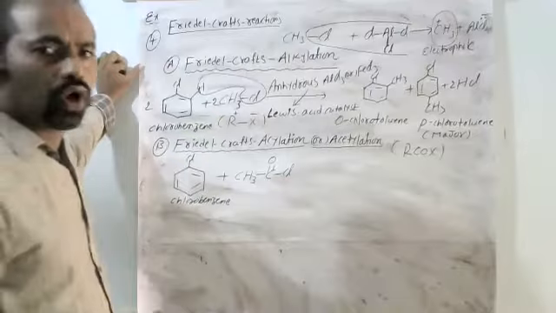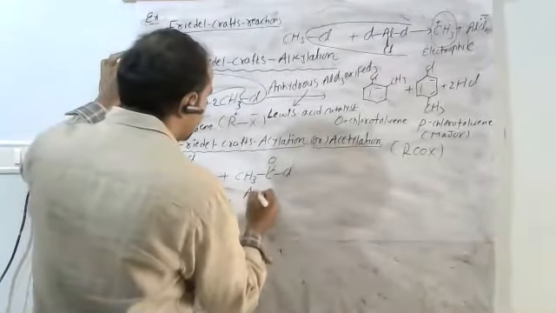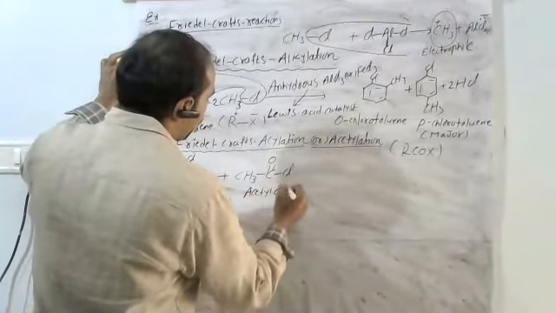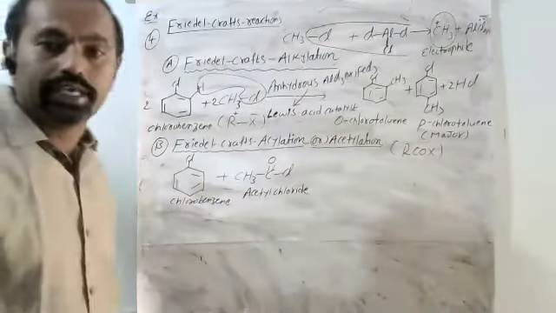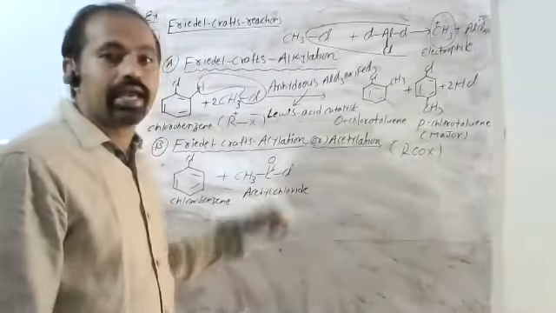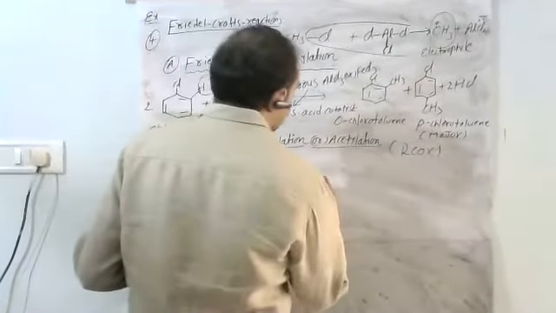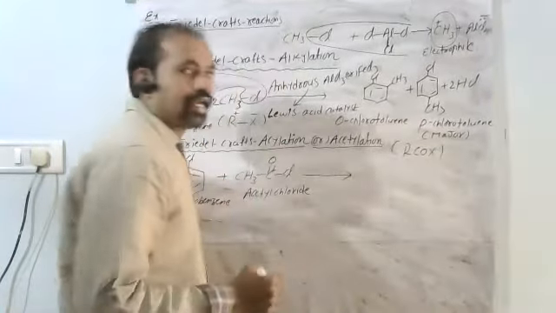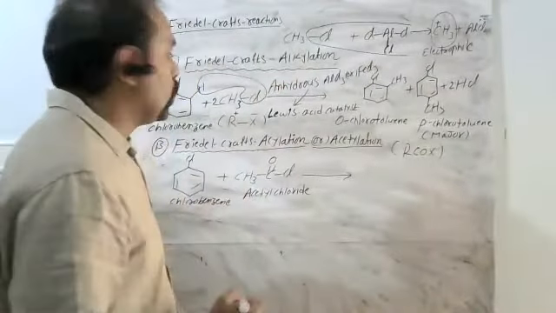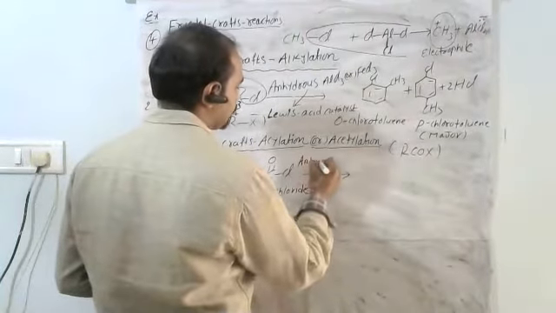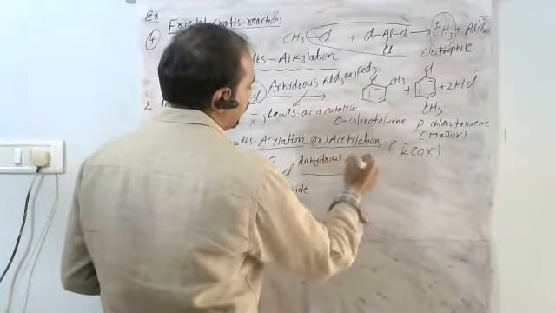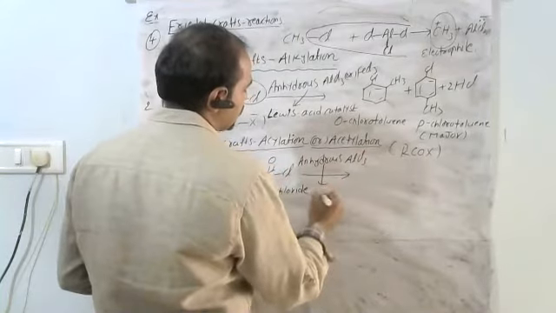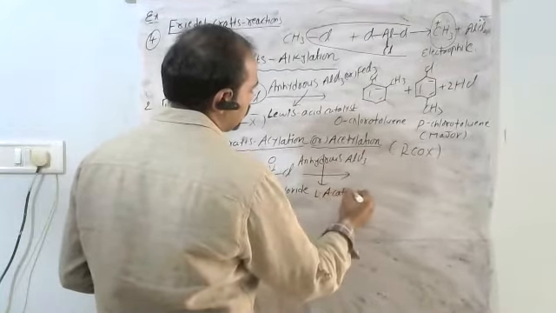This is also called acetyl chloride. CH3COCl is nothing but acetyl chloride. Now, in the presence of a Lewis acid catalyst, anhydrous AlCl3, it acts as a Lewis acid catalyst.